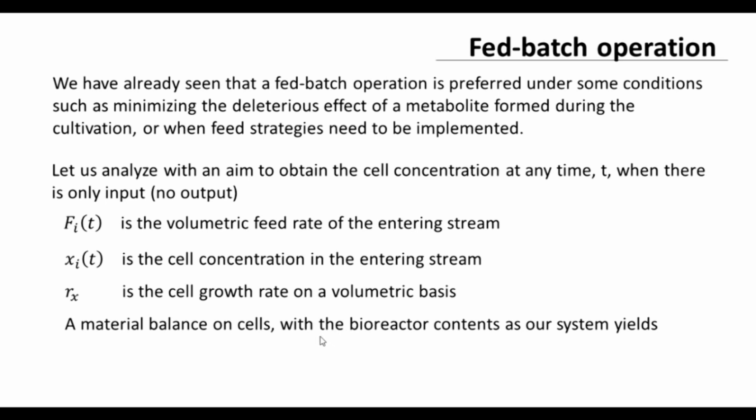If we do a material balance on cells with the bioreactor contents or the bioreactor broth as our system, this is the overall balance equation. There is no output in this case, right? That's our condition, only input, therefore Ro is 0. There is no consumption of cells, let us assume this, therefore this is 0. This is not at steady state, so this cannot go to 0. This term still remains.